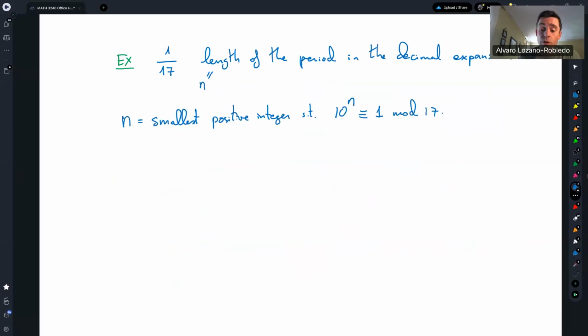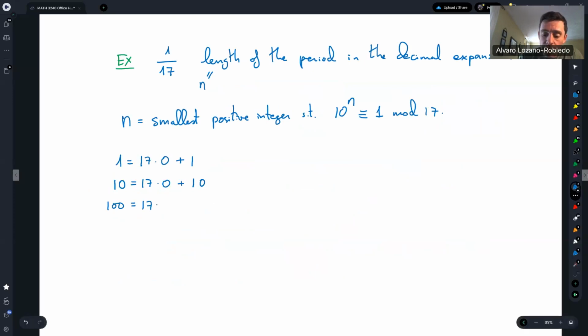Because the way we would compute the decimal expansion itself would be: 1 is 17 times 0 plus 1, and then 10 is 17 times 0 plus 10, and then 100 is 17 times whatever it is here plus whatever remainder, and then take that remainder, and that's going to be 10 times the remainder.